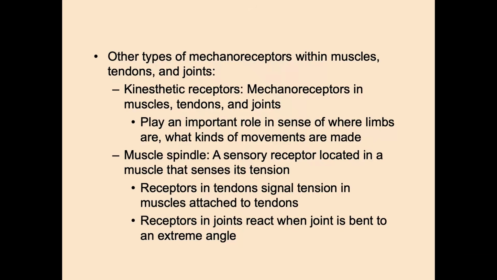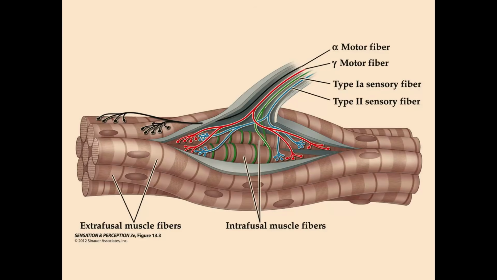We talked a little bit about that in the context of eye movements. There are receptors in tendons that signal the tension in the muscles attached to the tendons, and receptors in joints that react when a joint is bent at an extreme angle. All these help you control your body and make sure you don't break things. Here's a picture showing some of the complexity of muscle fibers and the sensors in there.